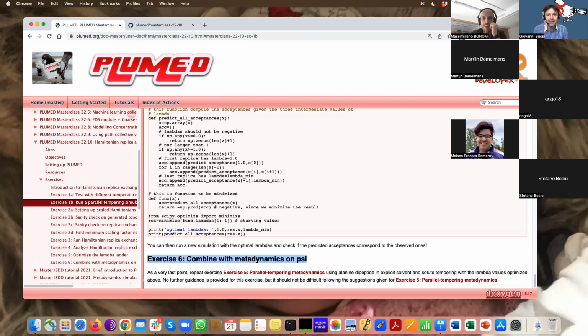Other comments or questions? I have a question. I was wondering if there are other examples of application of your method in PLUMED Nest, on realistic or complicated systems? I don't remember actually if there are in PLUMED Nest.